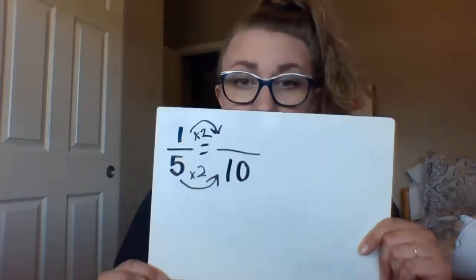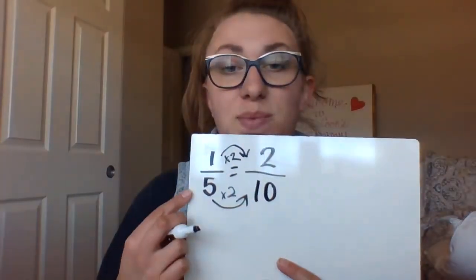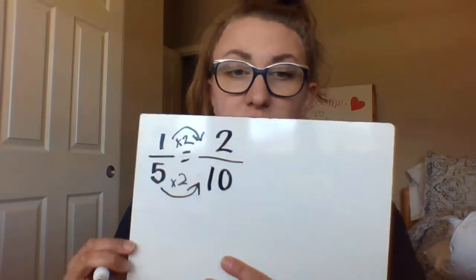We have to do the same thing with our numerator now that we changed our denominator. We're going to multiply our numerator, which is 1, by 2, and we will get 2/10. Now, this 2/10 is the same thing as 1/5, which is why I have that equal sign there.